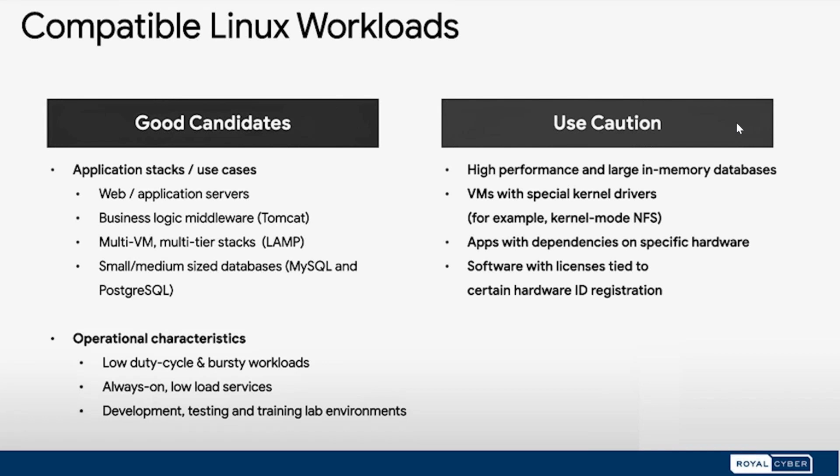VMs with special kernel drivers, for example kernel mode NFS, and apps with dependencies on specific hardware, or software with licenses that are tied to a certain hardware ID registration. If your application falls into this category, you have to be a little bit cautious, as the migration process is probably not going to be that simple.